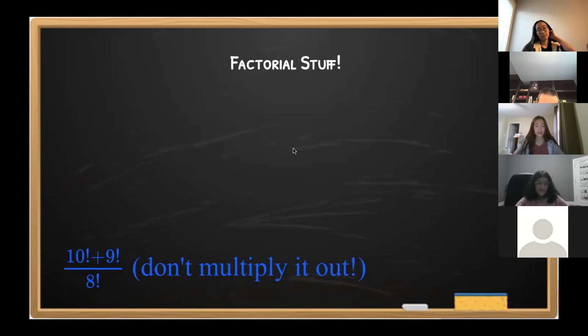So anyways, for this question, does anybody have an idea how to tackle this without multiplying it out? I've got a suggestion: instead of multiplying everything out, you just do what it tells you to do.